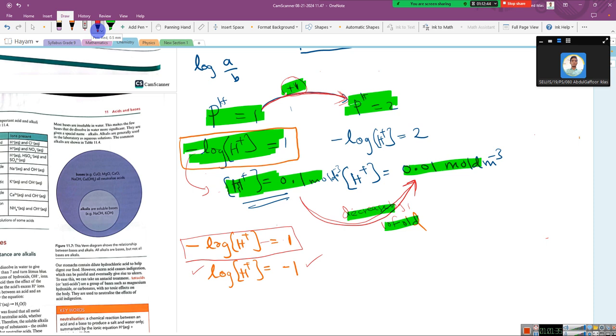And then H plus equals 0.1 mole decimeter minus 3. Okay, decimeter minus 3. We will study about these units later, okay? So mole decimeter minus 3.